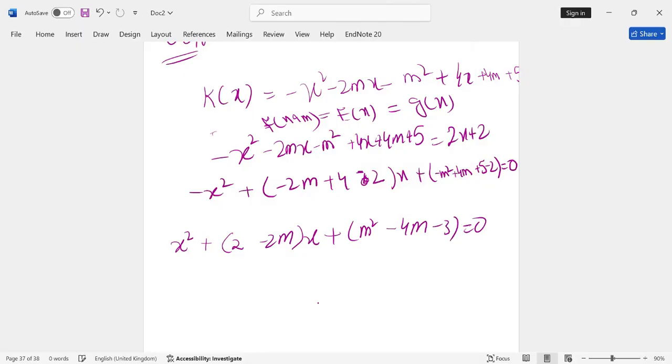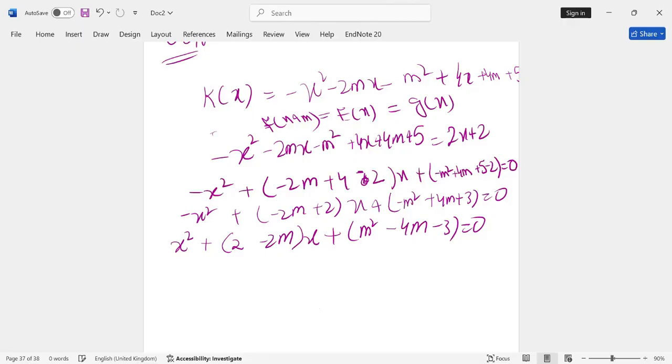I just multiplied the whole equation by minus 1: minus x squared plus minus 2m plus 2 into x plus minus m squared plus 4m plus 3 equals 0, and when I multiply by minus 1, the equation becomes like that.